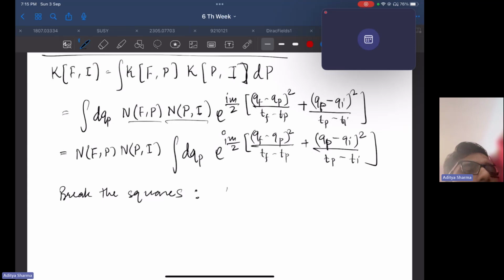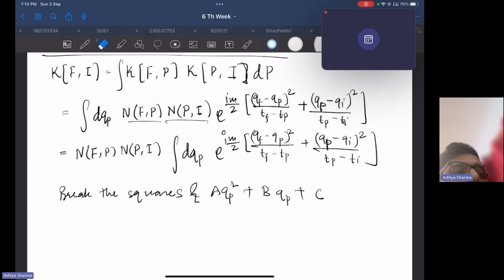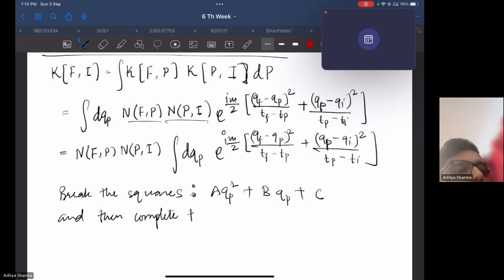Write it as some A qp square plus B qp plus C. Break the squares and then complete the square, some (qp plus alpha) whole square minus some alpha square.